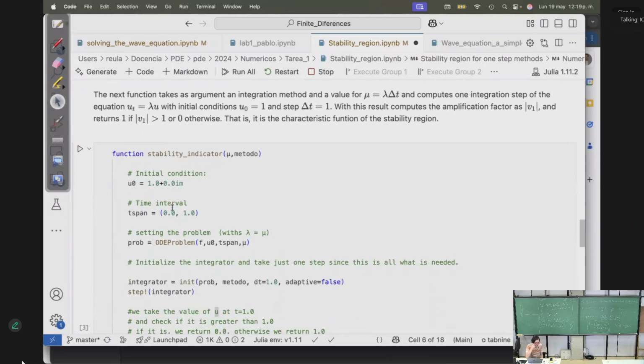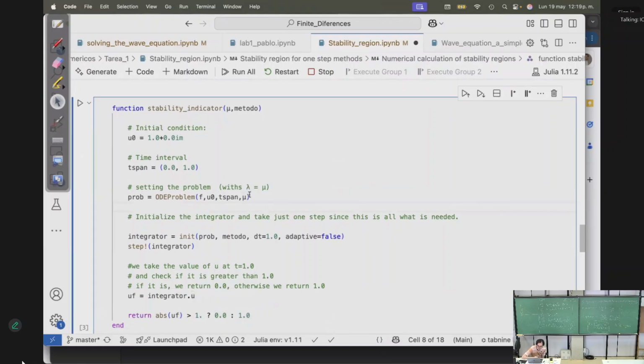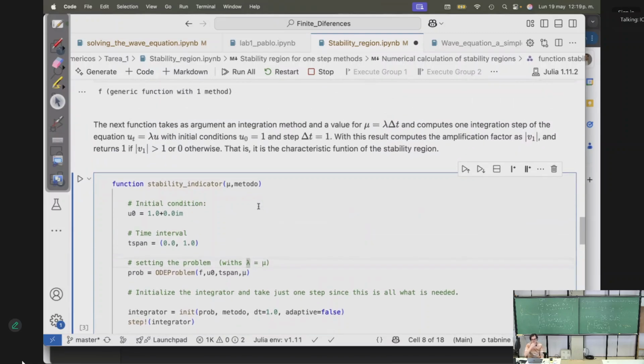What we are trying to do here is just to see what the stability region is, and to do so, we simply evolve the problem for several values of this mu here, which will actually be the lambda times the delta t that we will try to solve later on.